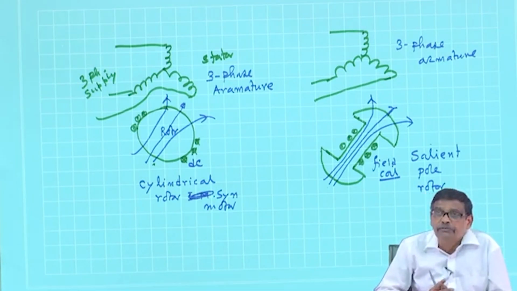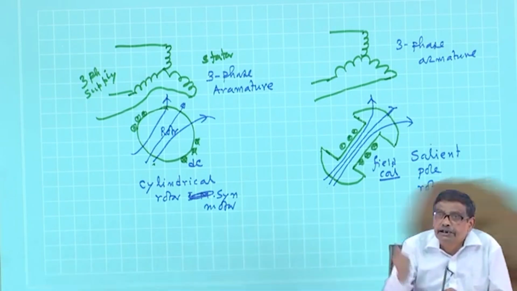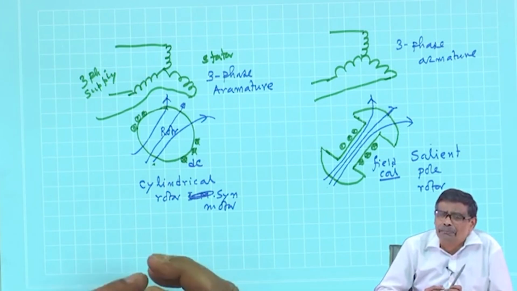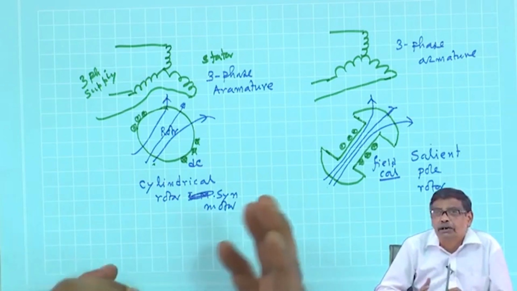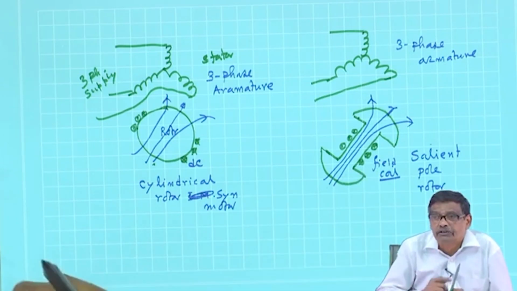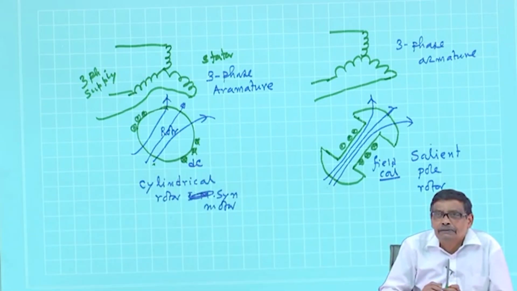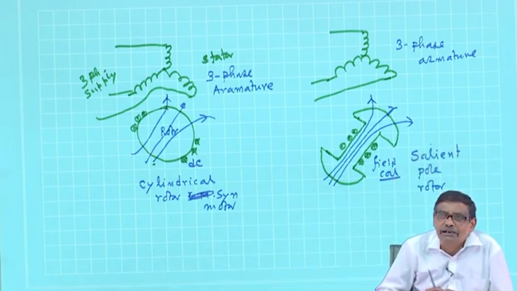Why? Because the most negative point of the induction motor is that it draws the magnetizing current from the grid, from the supply lines, and that makes the motor have low power factor, particularly during light load condition, because the no load current drawn is lagging almost by 90 degree, and if the motor is lightly loaded, power factor will be very poor.